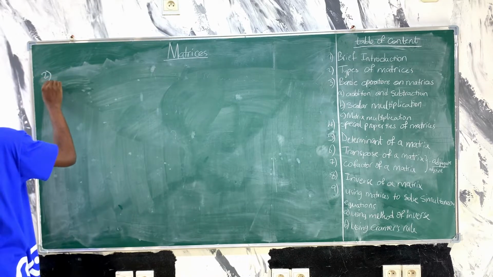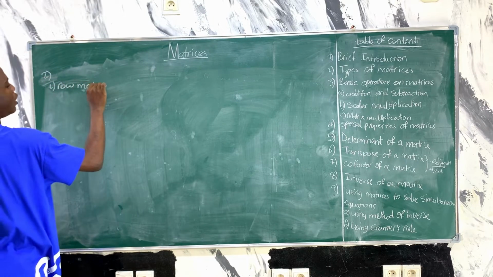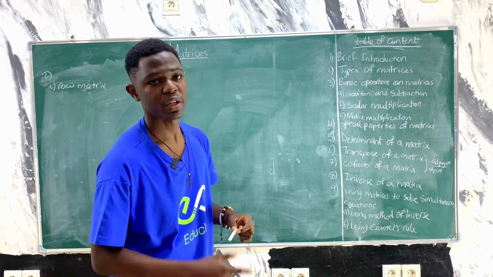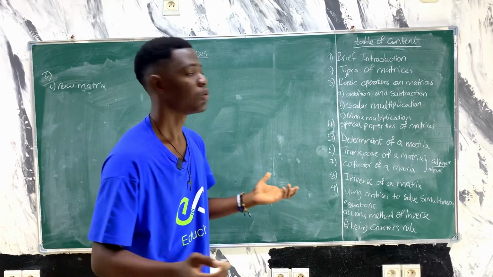Number 1, the row matrix. So what is a row matrix? A row matrix is a matrix that has just one row.